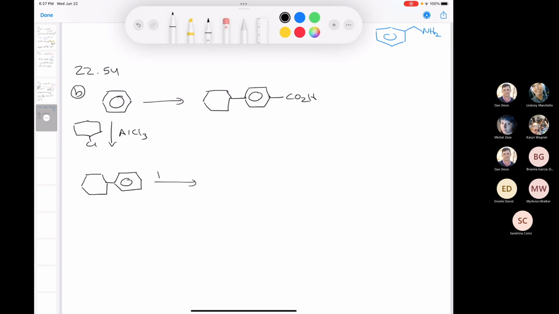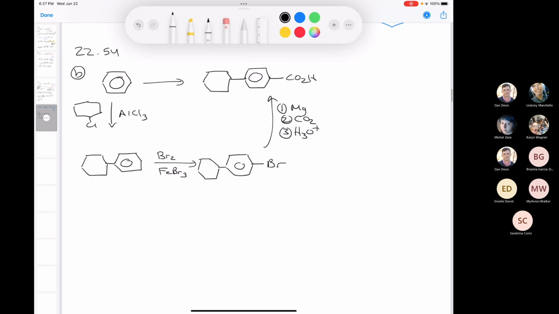You could do a bromination, so bromine and iron(III) bromide. Then to get to here, the first step would be magnesium, second step would be CO2, and third step would be H3O plus. That's one way of doing it.